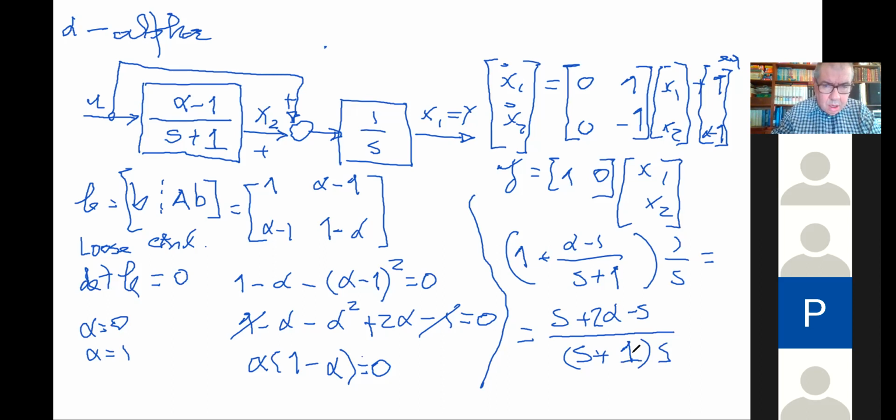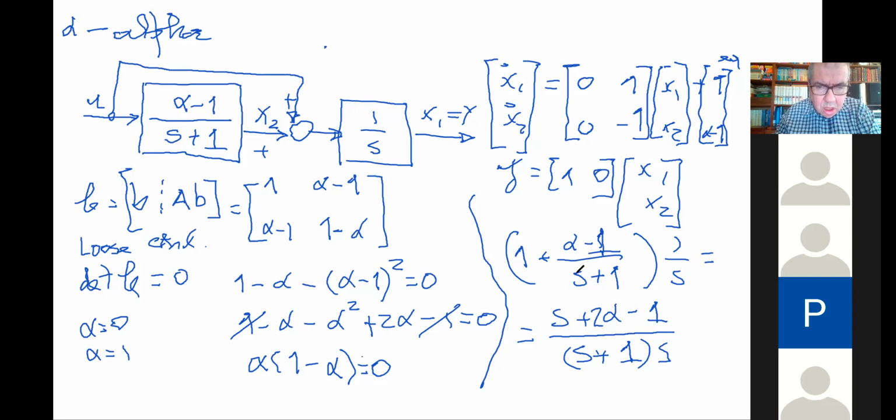And in the top part of the quotient is 1. This is 1. Not s. So this is 1. There must still be something wrong.